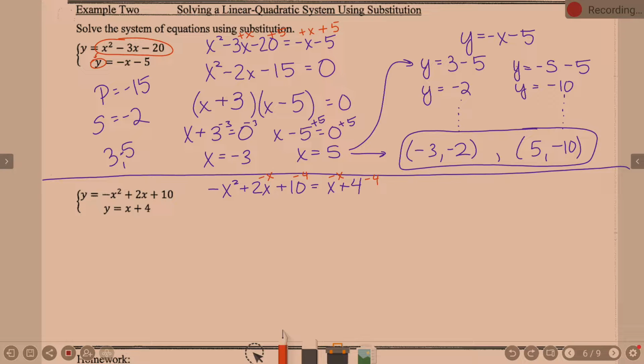I subtract x. How do I move a positive 4? I subtract 4. So it's still -x squared, 2x minus x, plus x, 10 minus 4, 6, equals 0.